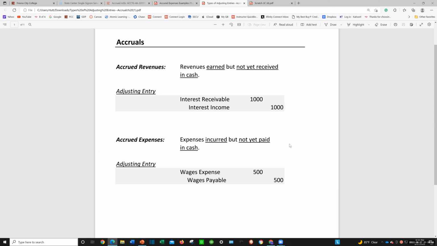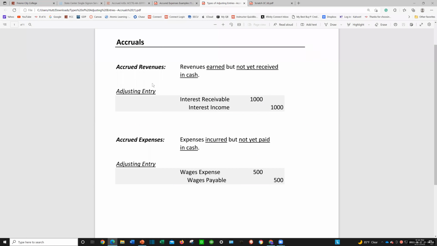Okay. Well, what are accrued revenues? Those are revenues that you've earned, but you haven't received any cash, right? So you've done these before, and I think in chapter 2, but we didn't call it accrual per se, but that's what it is.